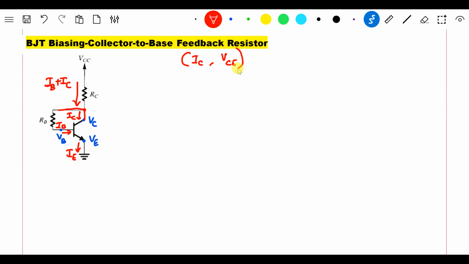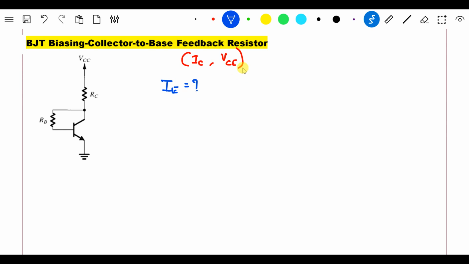So to do that, we need to analyze this circuit now. Let me go with that. To find out what IC is, we need to write the equation for IE.